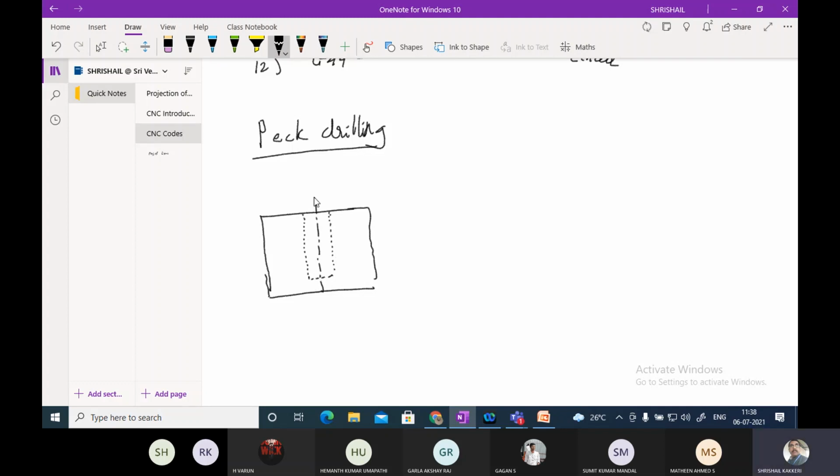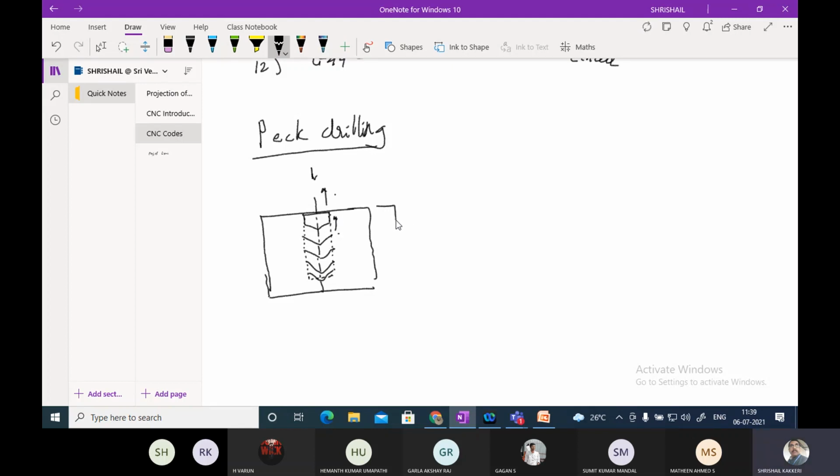What we do is, initially the tool will be moved up to here, and again it will be taken back. Again it will be moved inside up to here, and again taken back. Again it moves up to here, and again it is taken back up to this position. Like that, the tool will be moved up and down. That is called peck drilling.